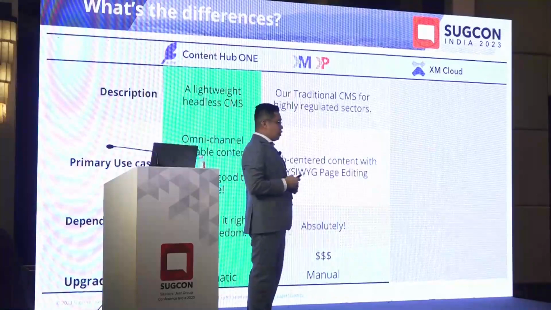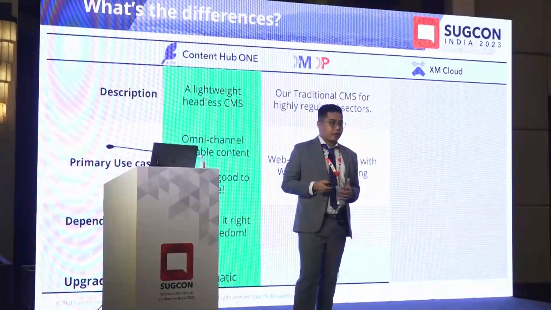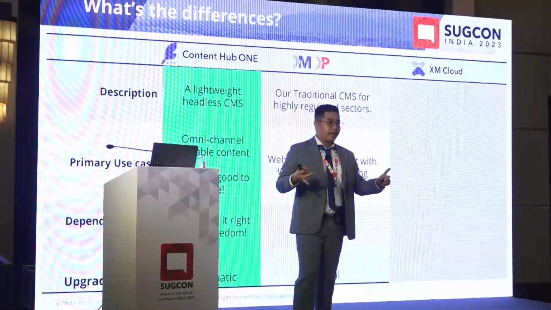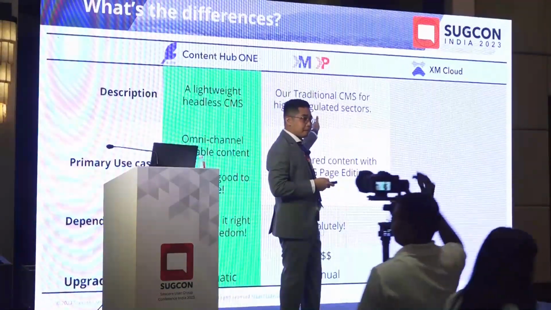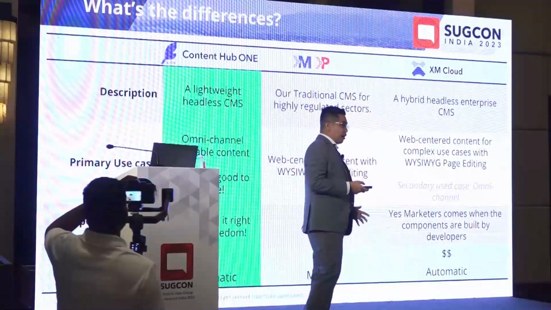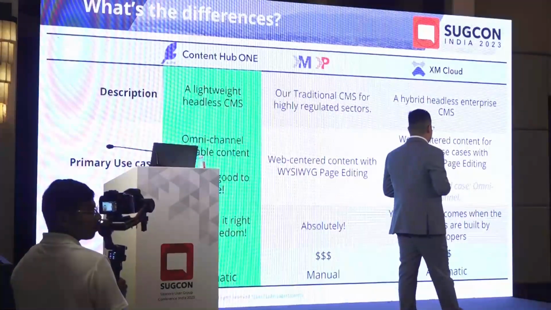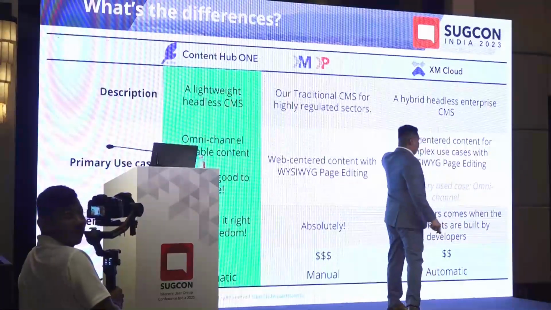Now, if you're more towards the traditional type of CMS, you have security regulations, banking, you want to host in India, probably you might want to still consider XM and XP. Now, XM Cloud, on the other hand, is what we call a hybrid headless enterprise CMS. It's still going to be centered on web.